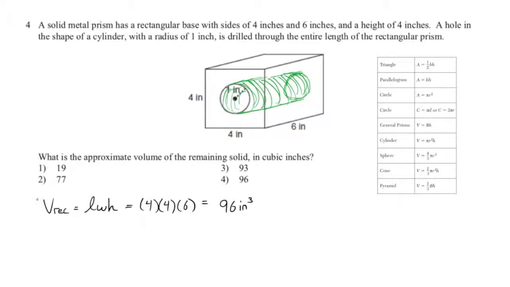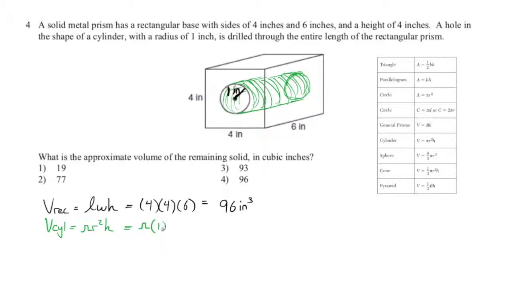Now we're going to jump to that negative space and talk about the volume of that green cylinder. And the volume of a cylinder is still what it was. It's going to be pi r squared h, not a half cylinder or anything wacky like that. Full cylinder. And they gave us the radius pretty clearly. Sorry for kind of covering it up here, but they did tell us that it was 1 inch.